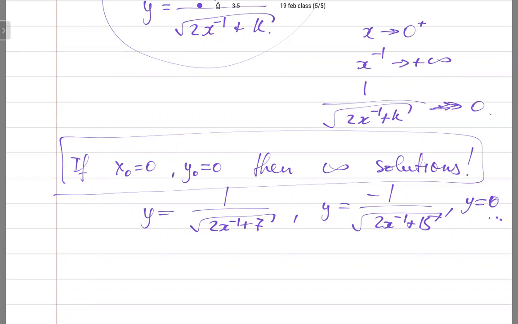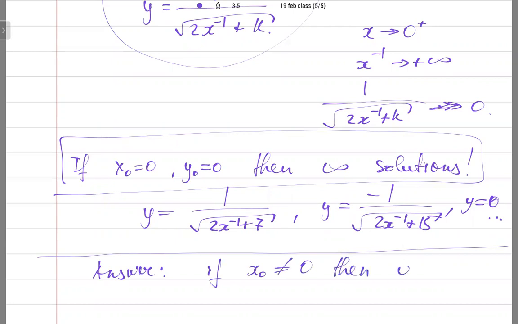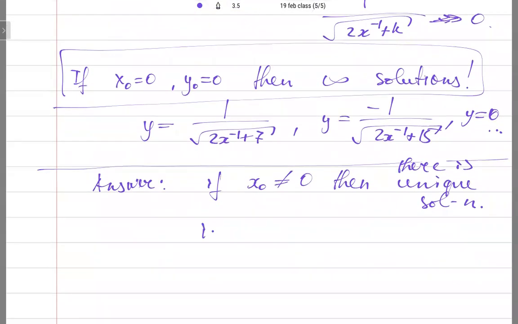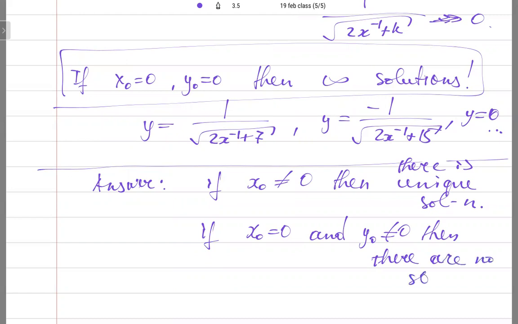So the final answer is: if x0 is not 0, then there is a unique solution. If x0 is 0 and y0 is not 0, then there are no solutions.